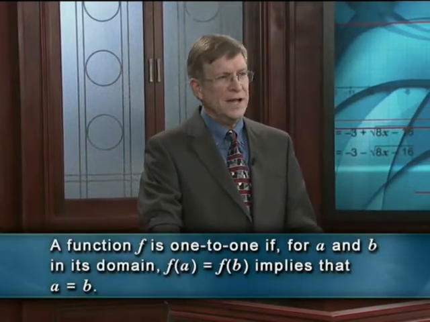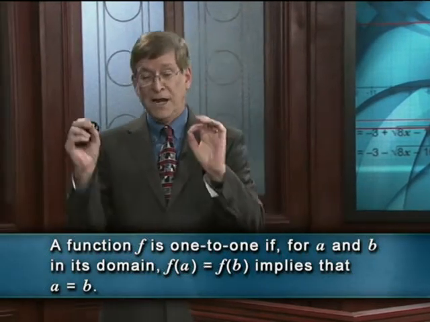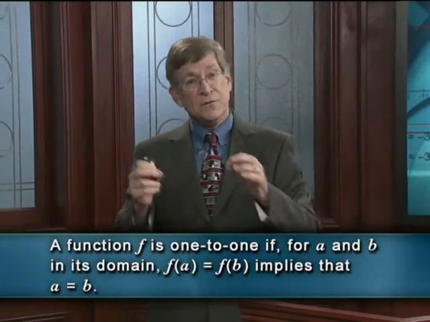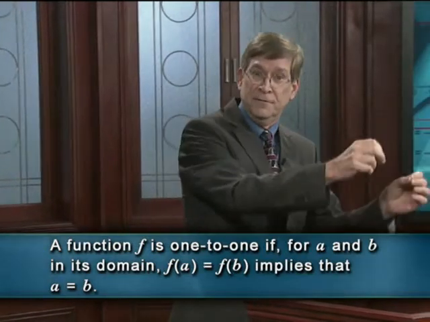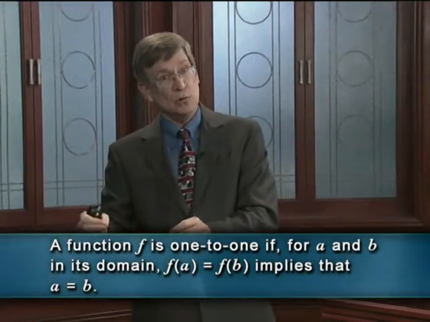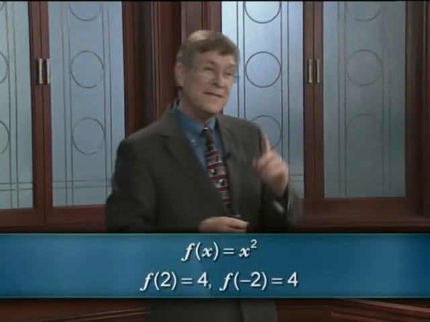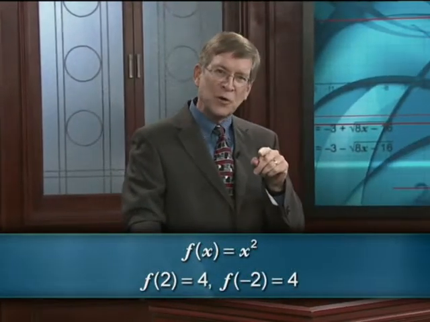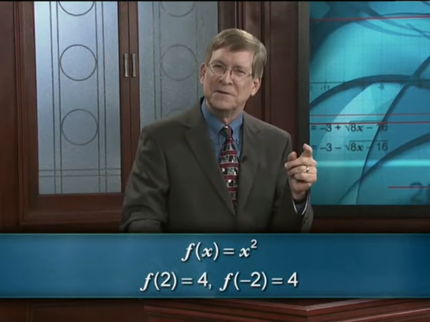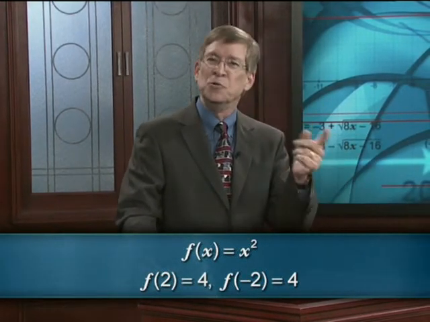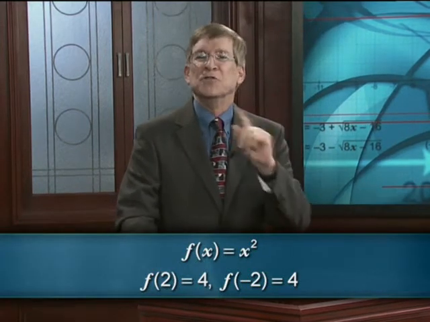We say that the function f is one-to-one if, for a and b in the domain, whenever f of a equals f of b, then it must be true that a equals b. In that previous example, 2 squared equaled minus 2 squared. They both equaled 4. But 2 was not equal to minus 2. So that was not a one-to-one function. And the theorem is a function has an inverse if and only if it's one-to-one. So you have an inverse if and only if you pass that horizontal line test.